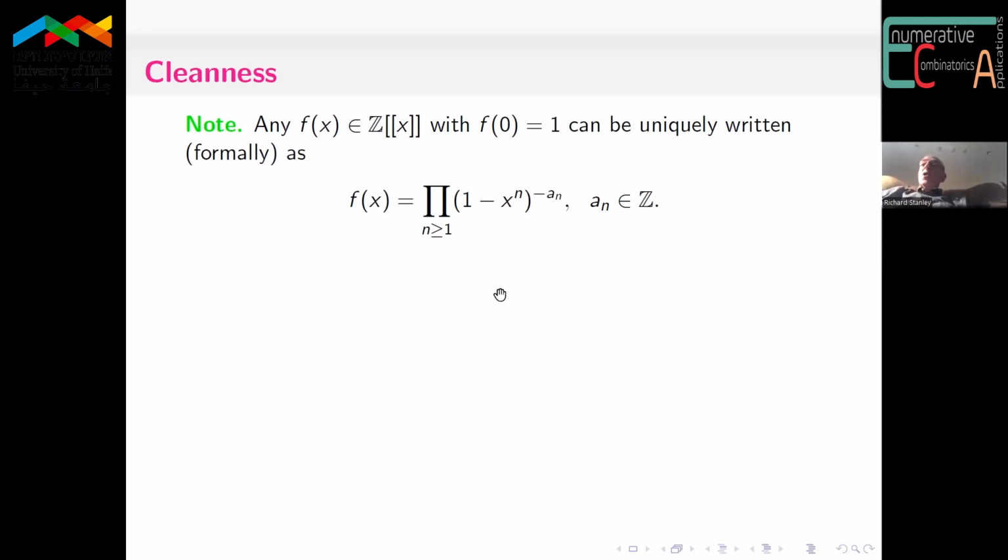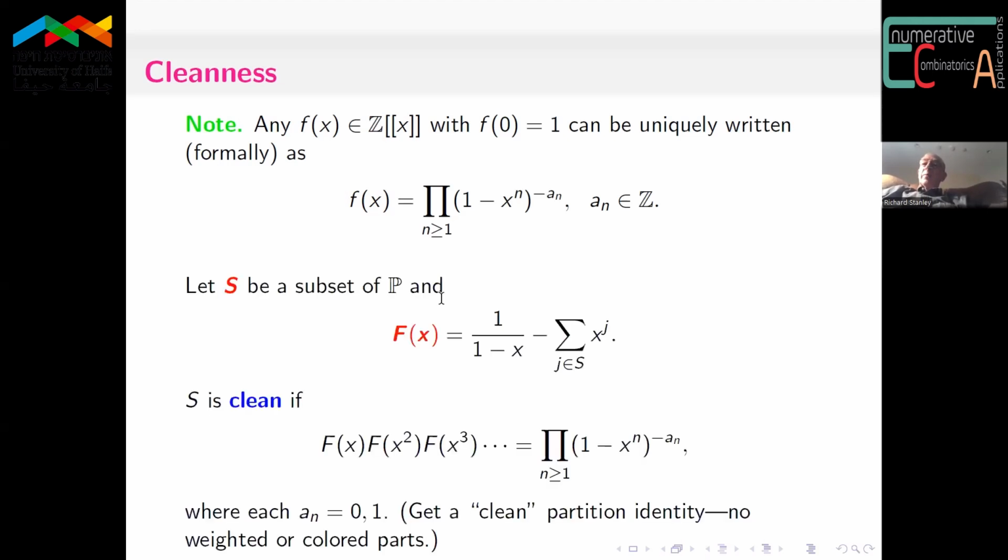This is easy to show by induction. Once we've chosen a_1 up to a_{n-1}, looking at the coefficient of x^n on both sides determines a_n uniquely.